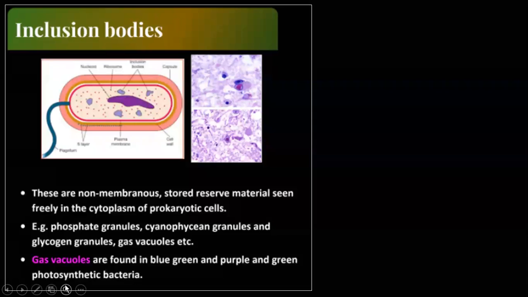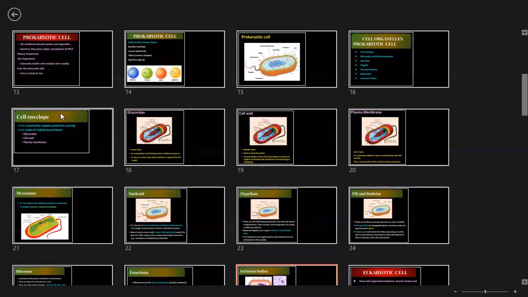So that's all for the prokaryotic cell. What we have discussed is all about this. We discussed the prokaryotic cell, then we moved on to the classification of different types of bacteria. After that, we moved on to a basic overview of the structure of the prokaryotic cell.